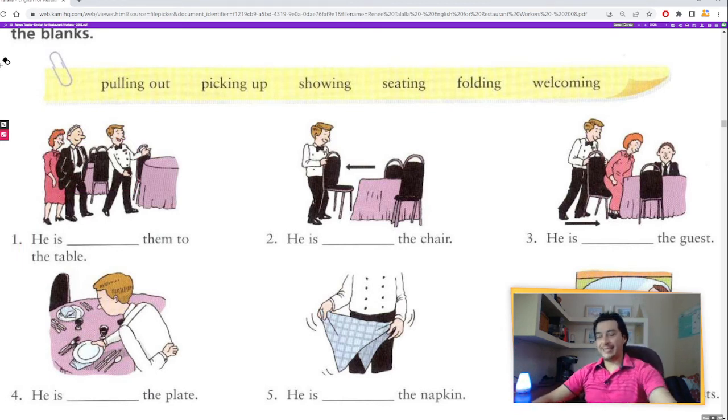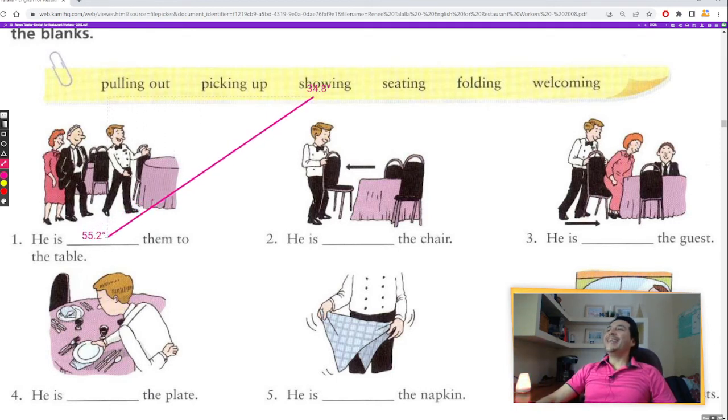He is showing them. He is showing them to the table. Now let's practice. He is showing them to the table.